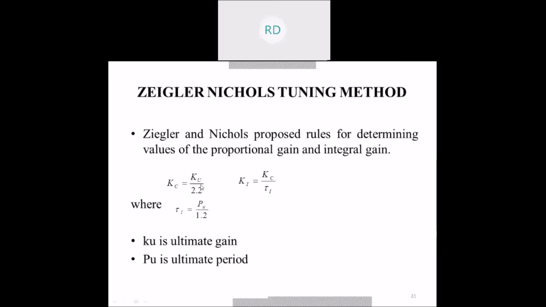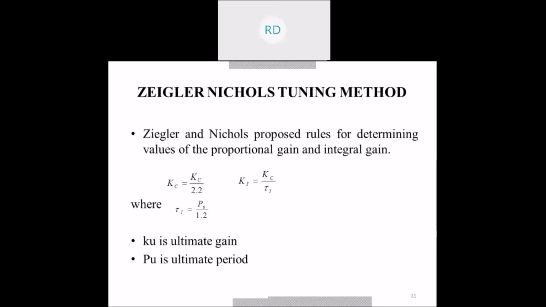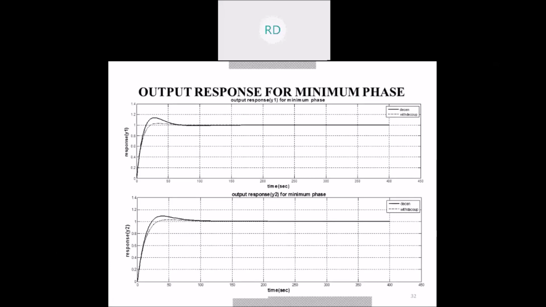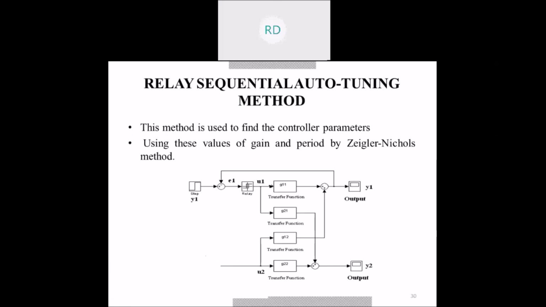Similarly, in the relay sequential auto tuning method, we have to generate a square wave instead of a sustained sine wave. Other than that, the process is the same. You will be using one relay switch before the process.